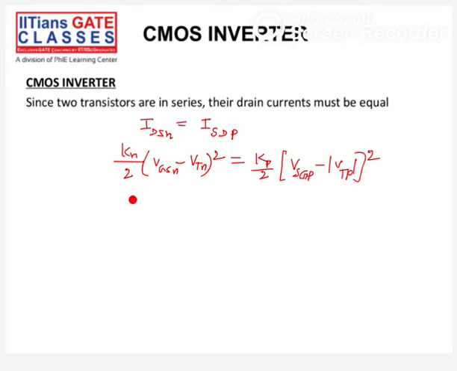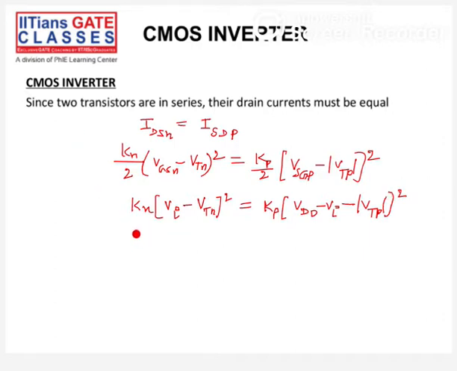So now from this we can write Kn times VGS, which from the diagram is Vi minus Vtn, whole square, divided by Kp times VSG, which in this case is Vdd minus Vi, minus mod of Vtp, whole square.